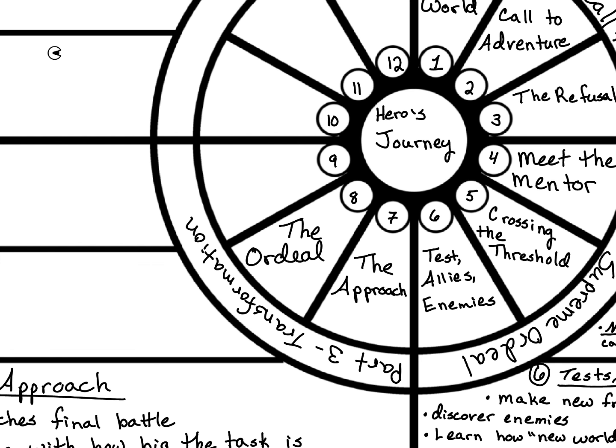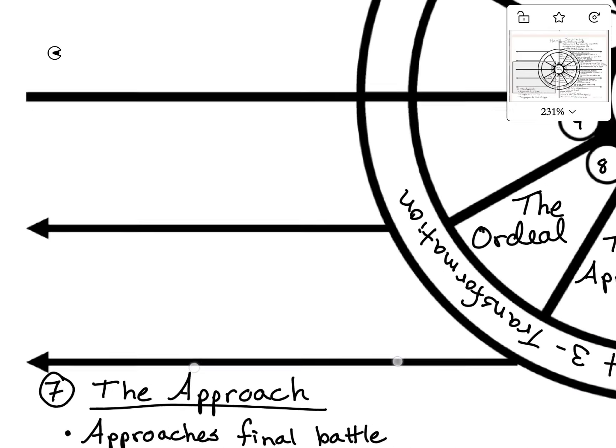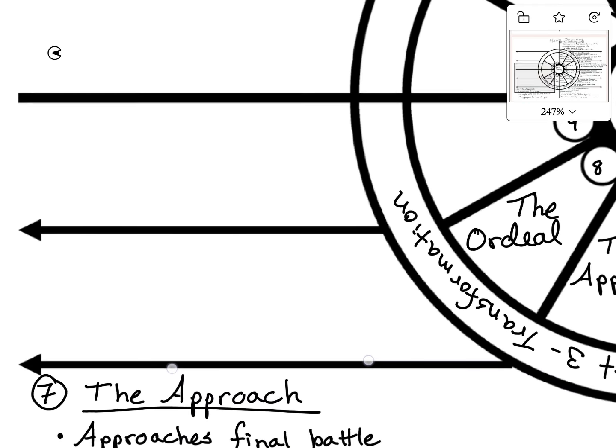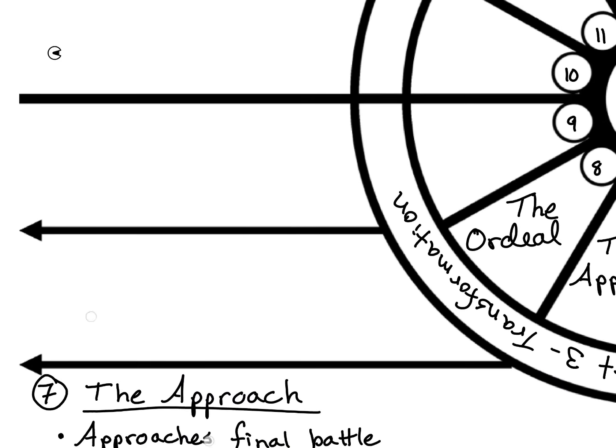The ordeal is something that in other plot diagrams, like if we're doing the plot pyramid and those kinds of things, the ordeal is what we would call the climax of the story. In some renditions of the hero's journey, this is actually a literal death and rebirth, especially in ancient mythology and that kind of thing.